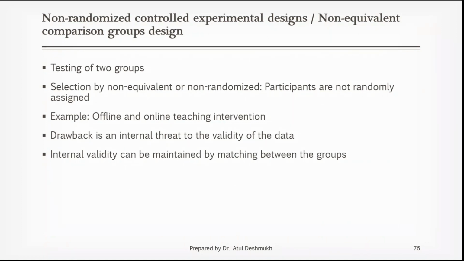Participants are not randomly assigned in this experimental study design. Selection is by a non-equivalent or non-randomized way. You are selecting the participants, whether human or animal, in a non-random way, but in a convenient way, whichever method is convenient for the sampling process.